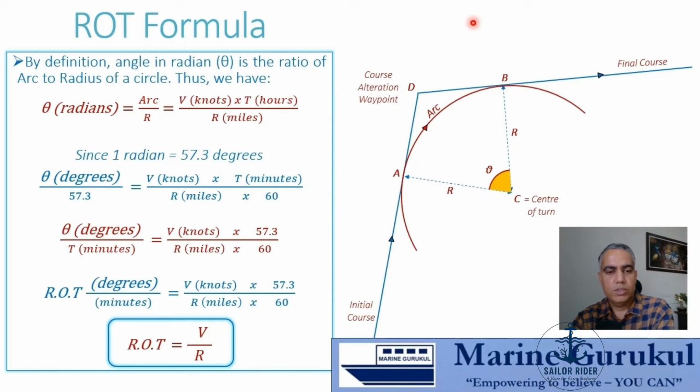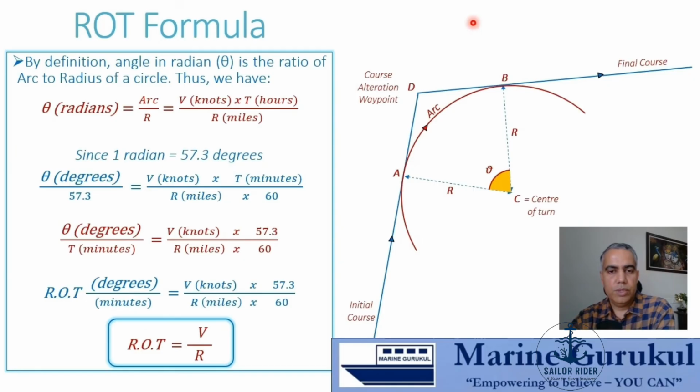So in such a scenario, when you get an alarm on an ECDIS passage plan that the turn is not executable, you will need to alter either the speed of the ship or the radius of the turn in such a way that the ROT comes under the achievable value for that particular ship.